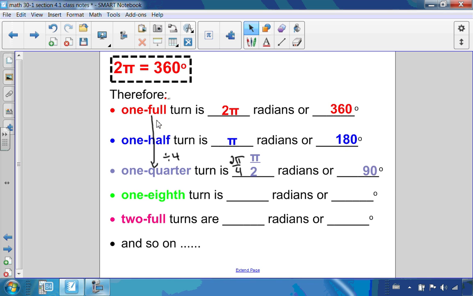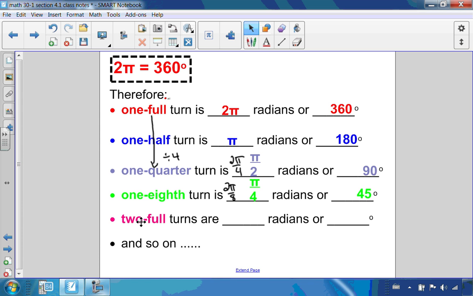And I can just keep going. So one full turn is 2 pi, so 1/8 of a turn will be 2 pi divided by 8, or in lowest terms, pi over 4. 360 divided by 8 would give me 45.